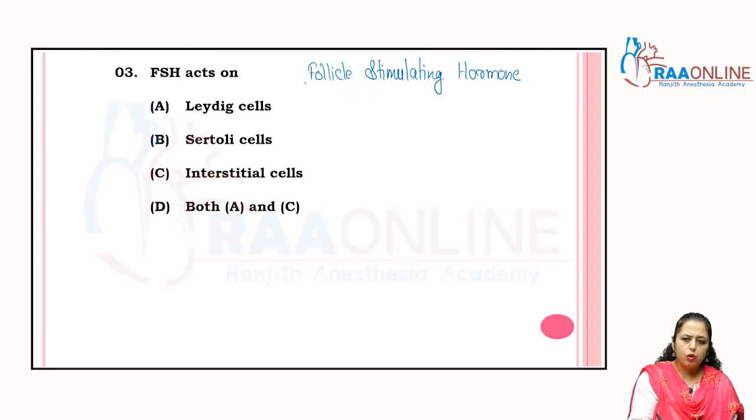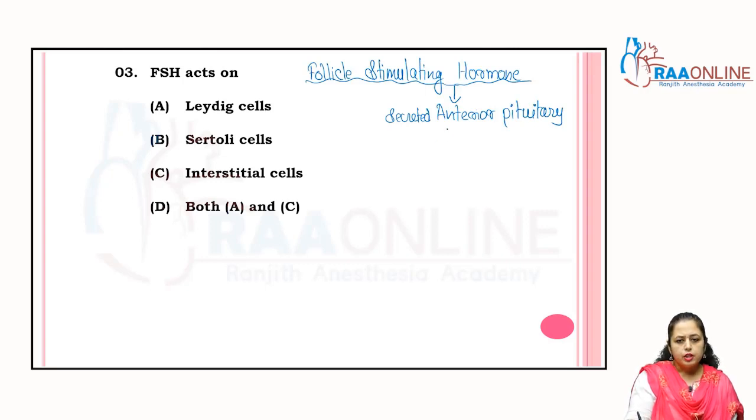Follicle stimulating hormone, FSH, is secreted by the anterior pituitary. It is secreted by the anterior pituitary, right?